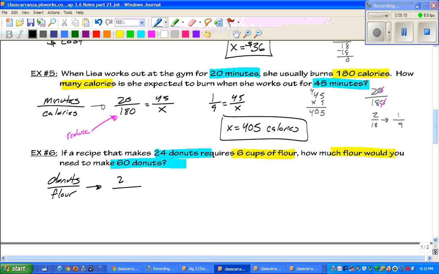So setting this up, we got 24 donuts on the top, 6 on the bottom, and that's going to equal 60 over x. Now, what we just talked about, 24 over 6, can we reduce that? Yes, that's going to change to 4 over 1 if we divide both the top and the bottom by 6.